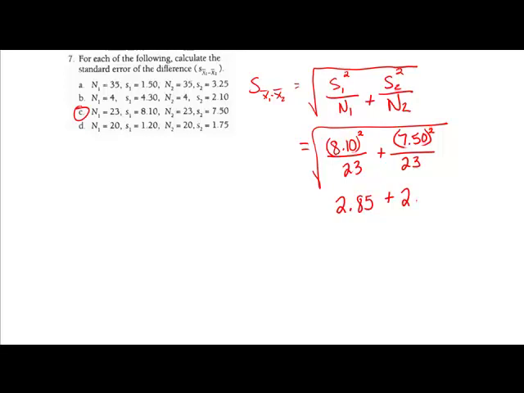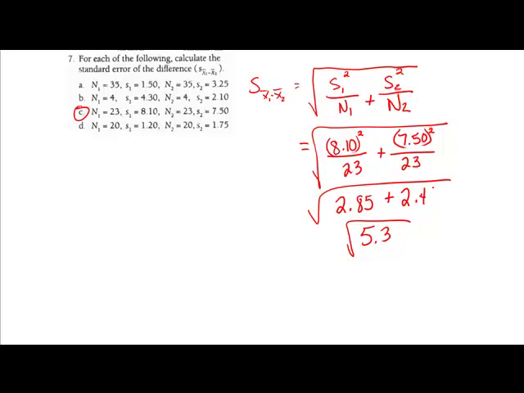That is 2.445, so let's call that 2.45. 2.85 plus 2.45 is 5.3. Don't forget to carry your square roots down.